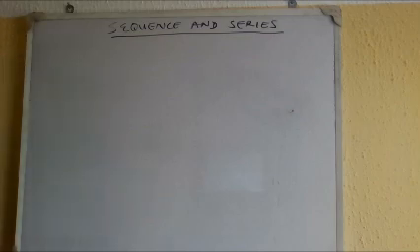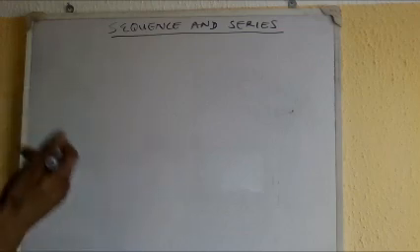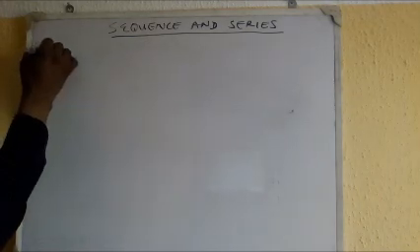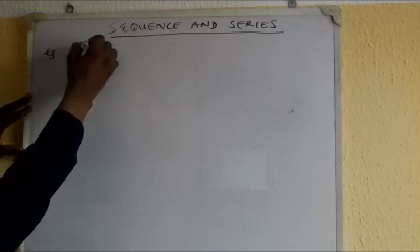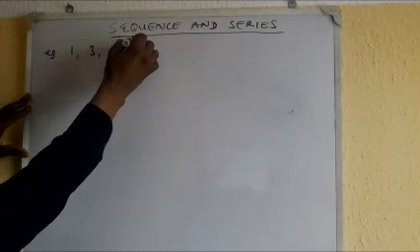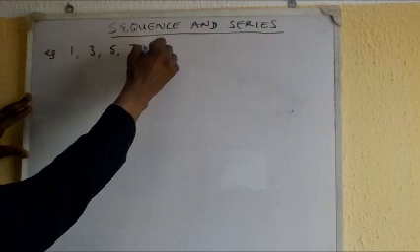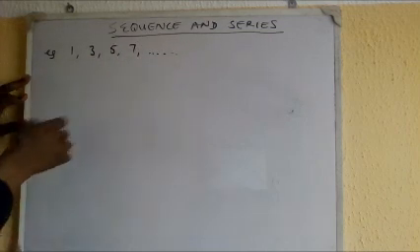Right. What is a sequence? A sequence is a set of quantities that has a defined order. Example: 1, 3, 5, 7, and so on. This is a sequence.